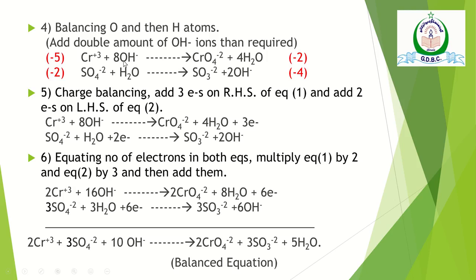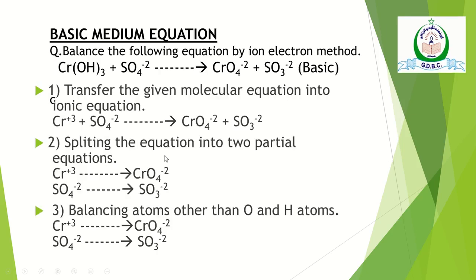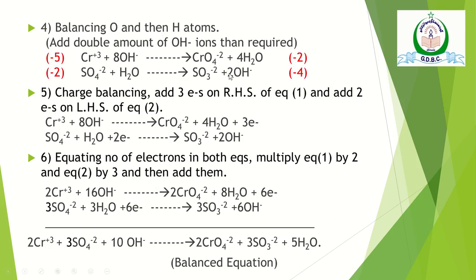plus these 4 oxygen atoms will automatically balance the 8 oxygen atoms. Similarly, in the second equation, we have 4 oxygen atoms on the reactant hand side, but we have 3 oxygen atoms on the product hand side. So I need to add not 1 but 2 hydroxyl groups on the product hand side here. So I made it 2 hydroxyl groups, and in order to balance the hydrogen atoms, we have 2 hydrogen atoms, so I need to add 1 water molecule that contains 2 hydrogen atoms.